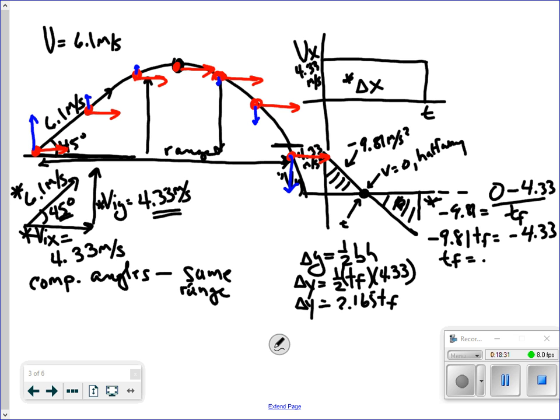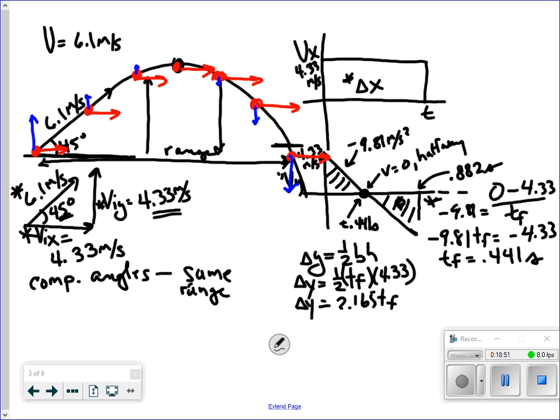And I get a TF of 0.441 seconds. That's right here. So that means the time to there is 0.882 seconds because it's exactly double because it landed on the same level.